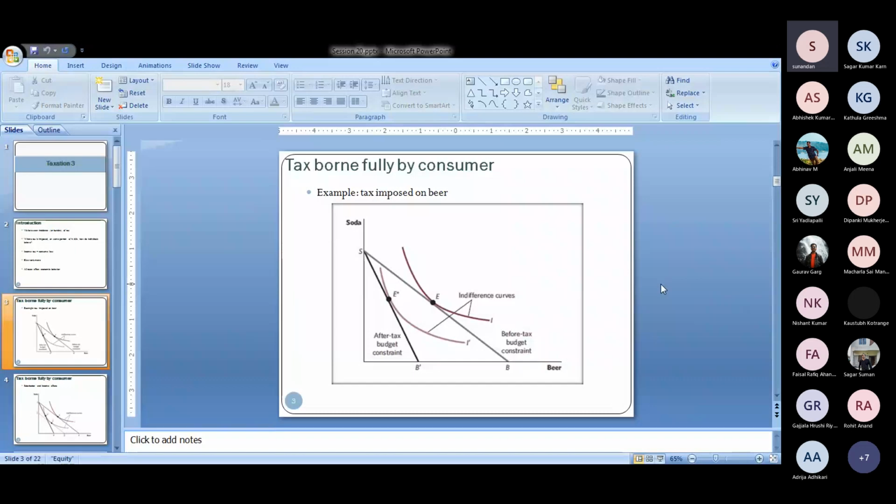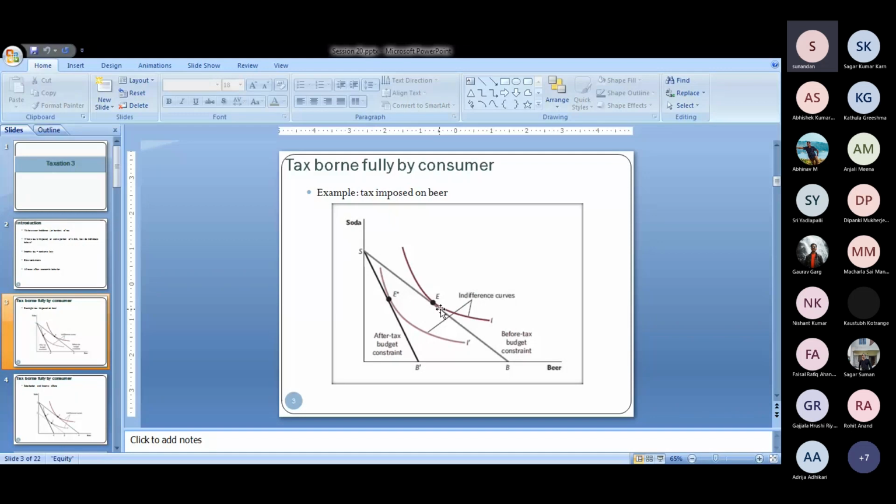Initially, his budget constraint was given by this gray colored budget line SB. Equilibrium was E. Now look, this budget line will pivot from S and it will shift from SB to SB prime after the tax is imposed on beer. And now suppose E star is the new equilibrium. That's how it should look like. Right.